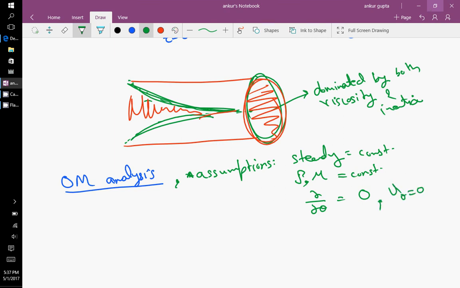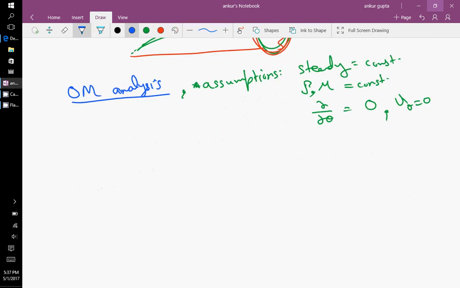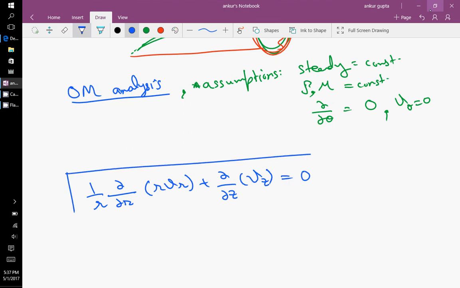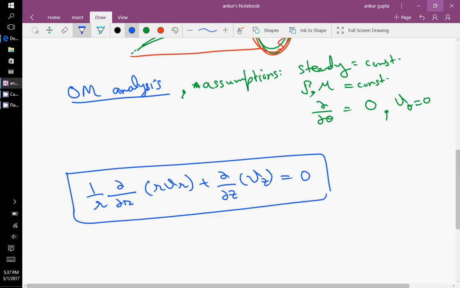Okay. So let's look at the continuity equation. The continuity equation is 1 by r del by del r of r vr plus del by del z of vz is equal to 0. Okay. So this is the continuity equation.